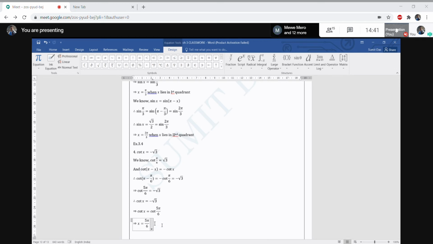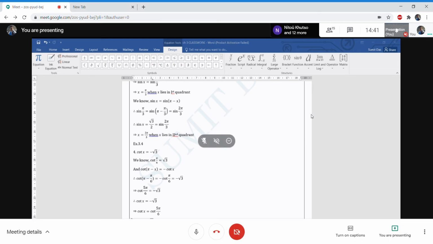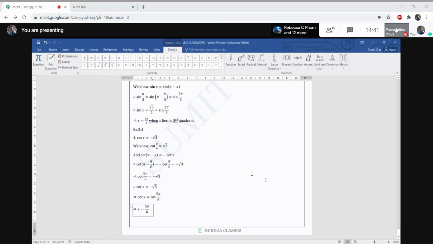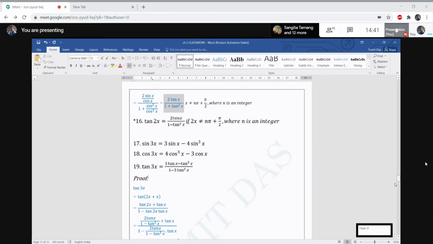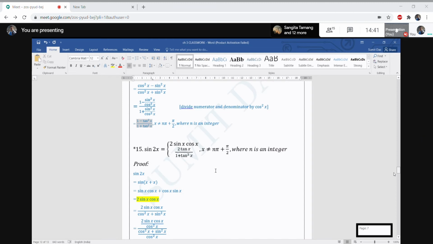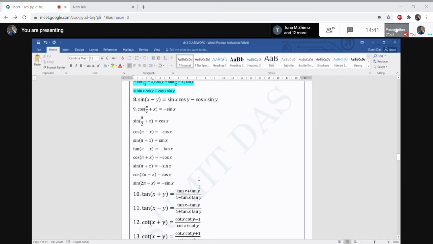Okay, another value we have to find. How to find another value? Again, this is the one value we got. Again, we have to go to the formula, formula number 9. Okay, look.